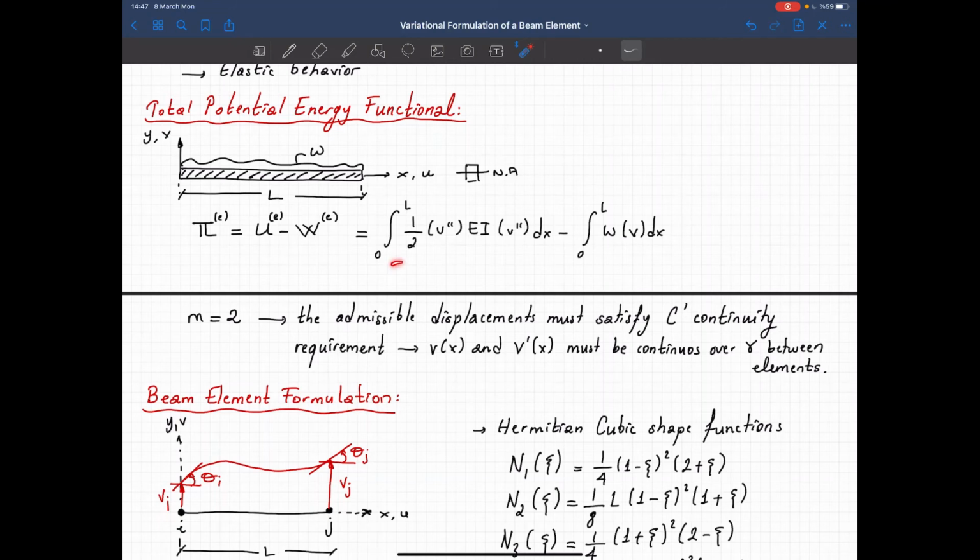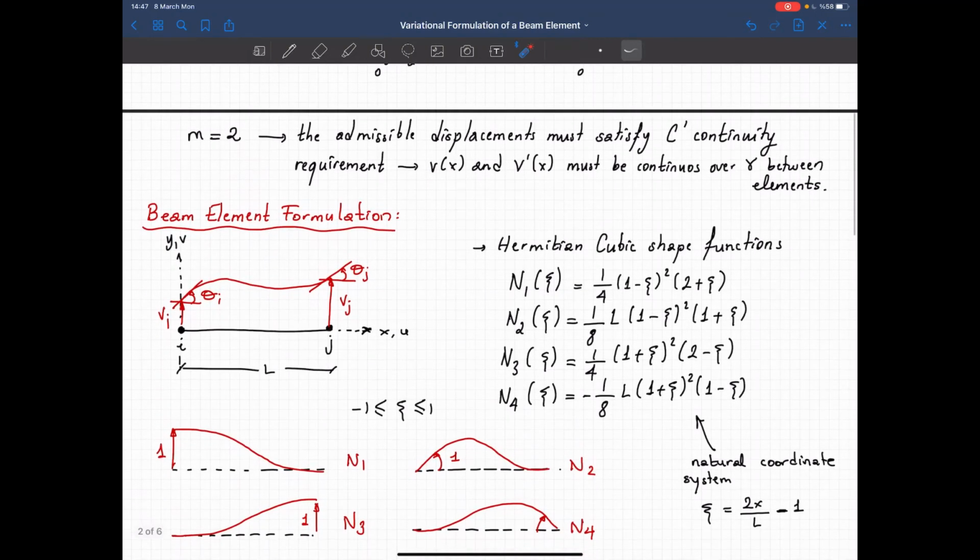And when I look at this functional, I see that I have the second derivative of the vertical translation, which tells me that if I want to directly use the second derivatives, the displacements must satisfy the C1 continuity requirement, which means that both the displacements and the derivatives of those displacements must be continuous. That's the requirement for the trial function.